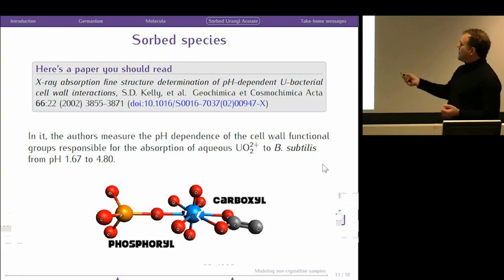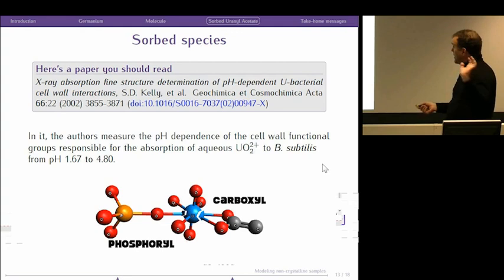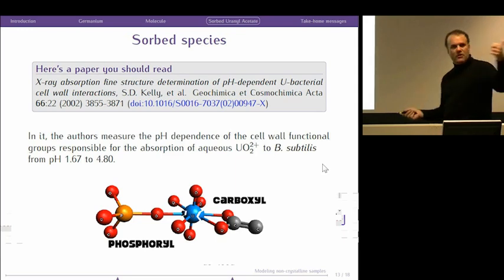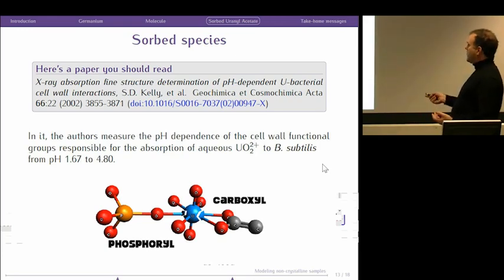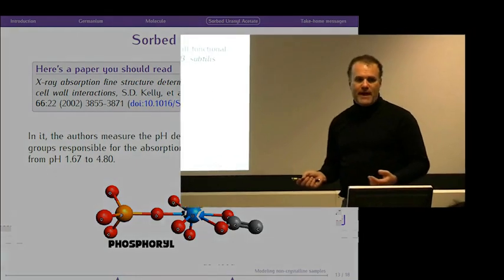So they grew a culture of B. subtilis, which is one of the common laboratory bacteria that people work on. And they brought that to steady state growth and squirted some uranyl acetate into the solution and let it come to thermodynamic equilibrium, and then asked the question, how does this thing bond to the biomass that was in the solution?